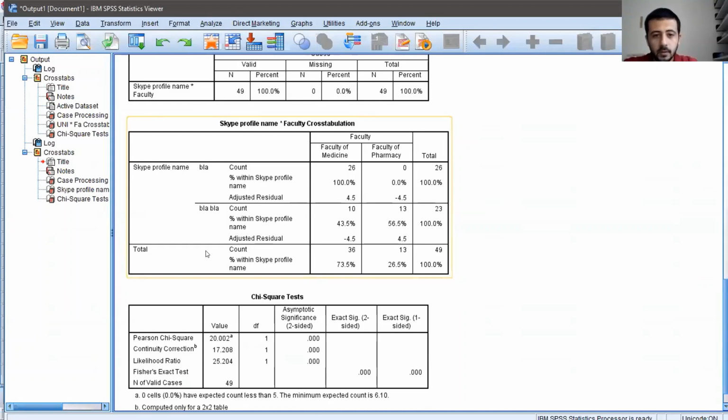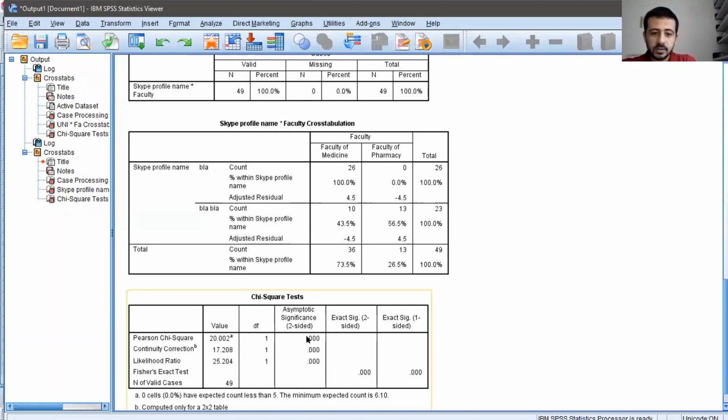In here, what do we have? We have the chi-square test and we have the Fisher exact test. Which one will I use? I can use both because there are no cells with expected count less than 5. I can use chi-square. Perfect.